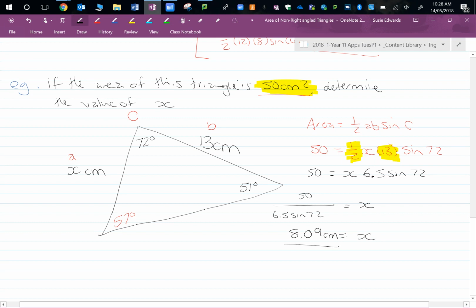That's fine. And that's our answer. You can just put in solve for X. That's the easiest way. But you must show that line of working out. You must show the equation with the numbers in it. Any questions?